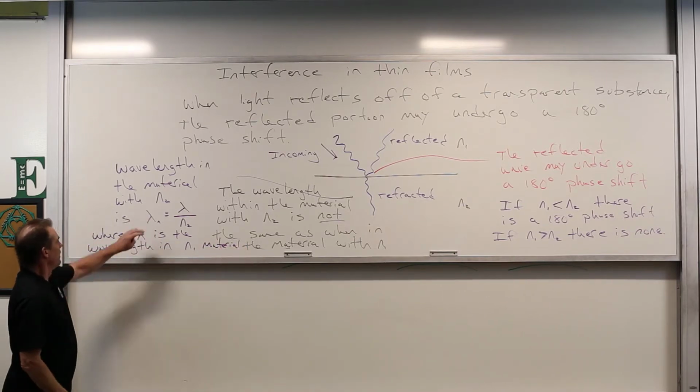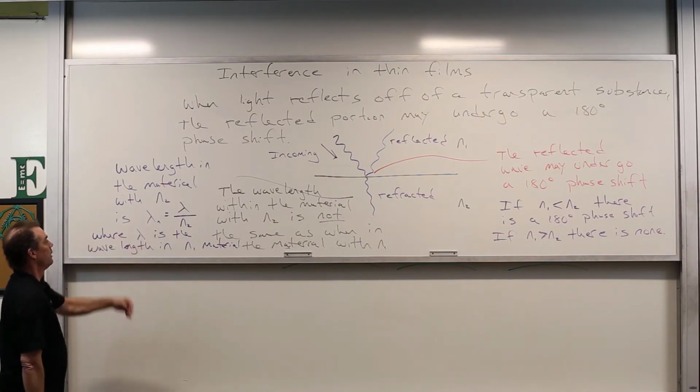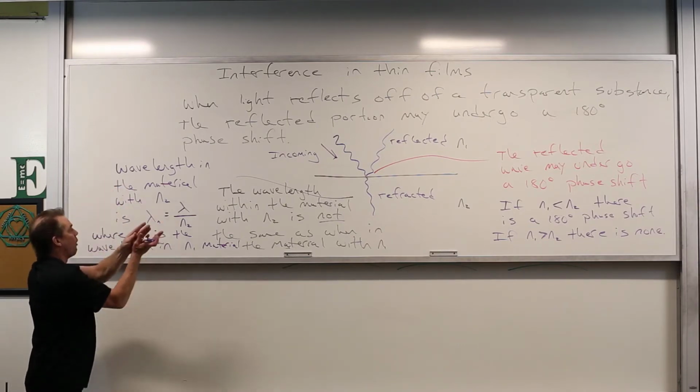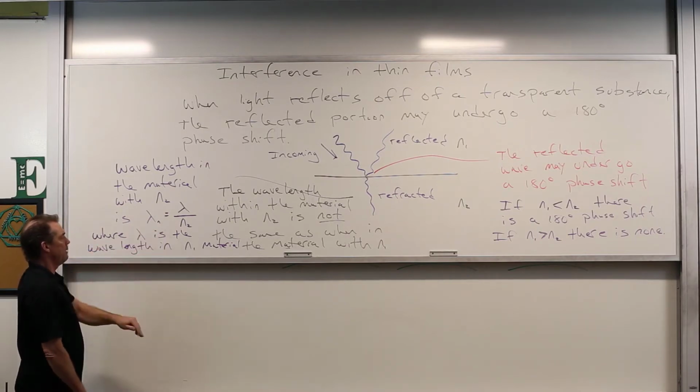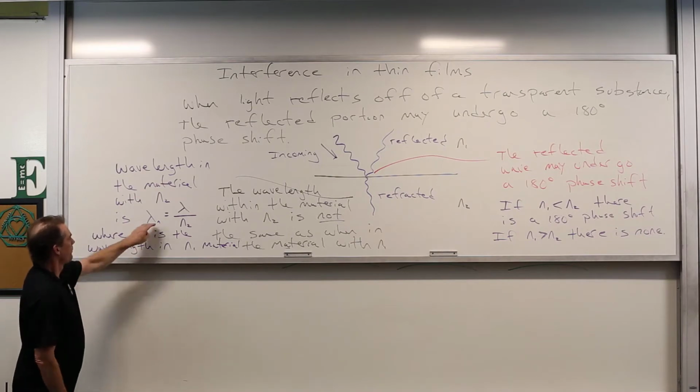The point is that it changes. If N2 is greater than N1, we've got a smaller wavelength, lambda sub n, and if N2 is less than N1, we've got a larger wavelength, lambda sub n.